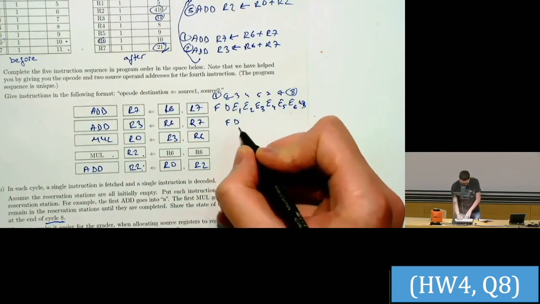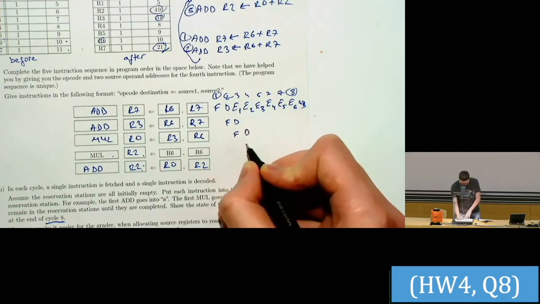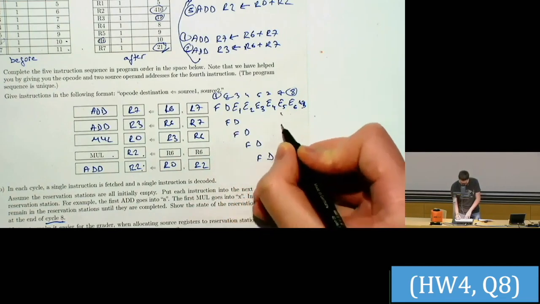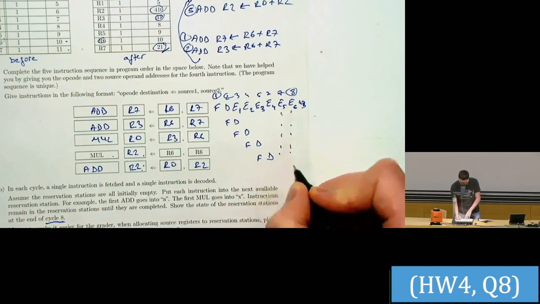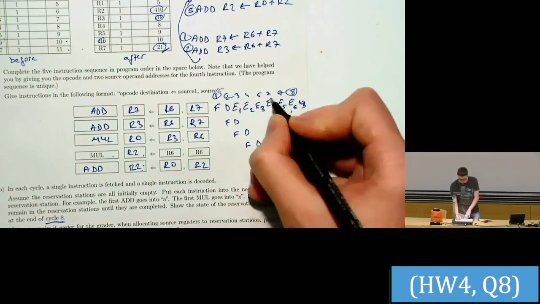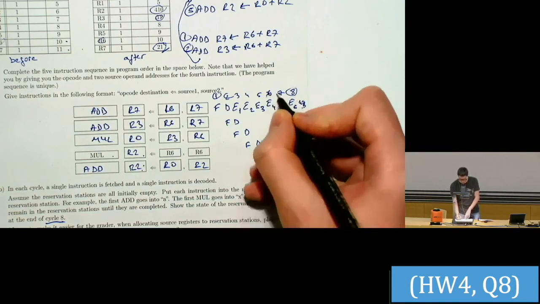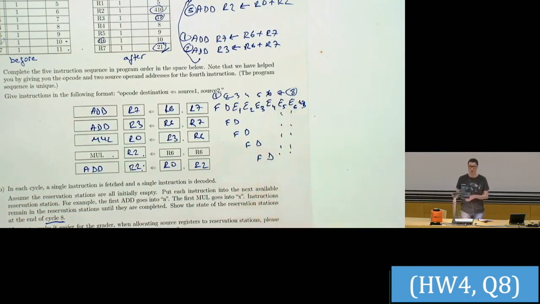So we can fetch and decode the second instruction, the third, the fourth, and the last instruction, right? So somewhere here at the end of cycle 6, we have all the instructions decoded, right? So we fill them into the reservation stations.